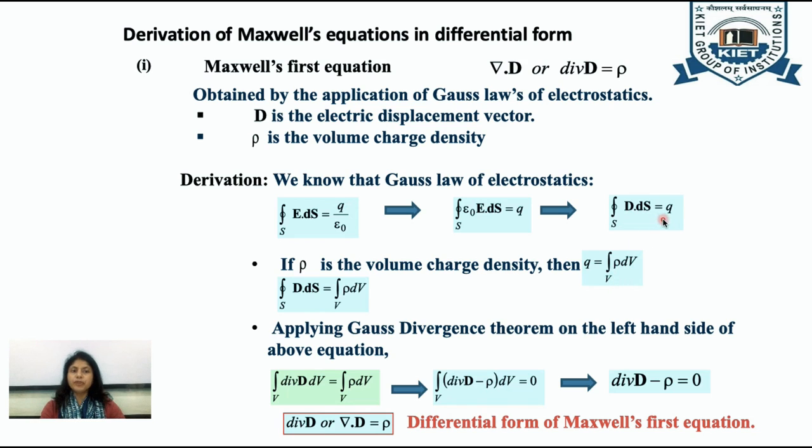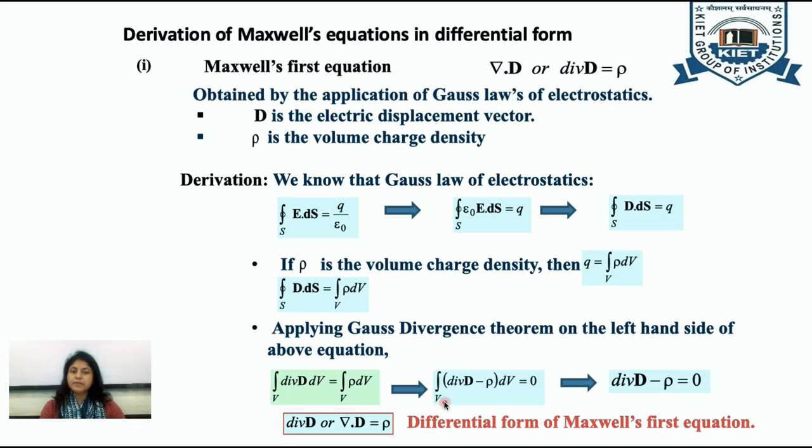Substituting the value of Q here, we have surface integration of D dot ds is equal to volume integration of rho dV. Applying the Gauss divergence theorem on the left hand side of the above equation, the surface integration is converted into volume integration and becomes volume integration of divergence D dV, which is equal to volume integration of rho dV.